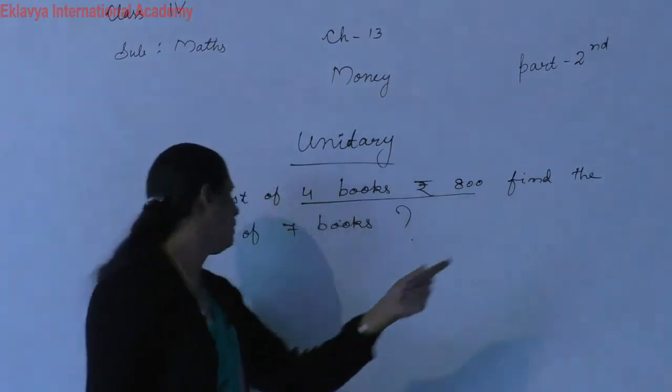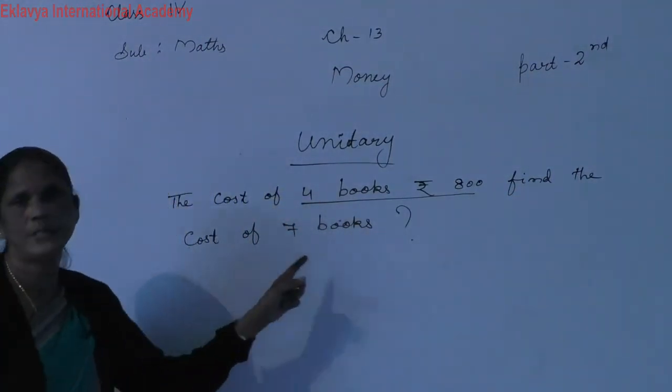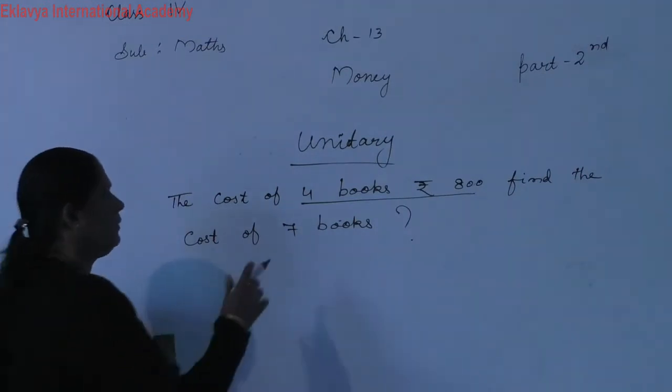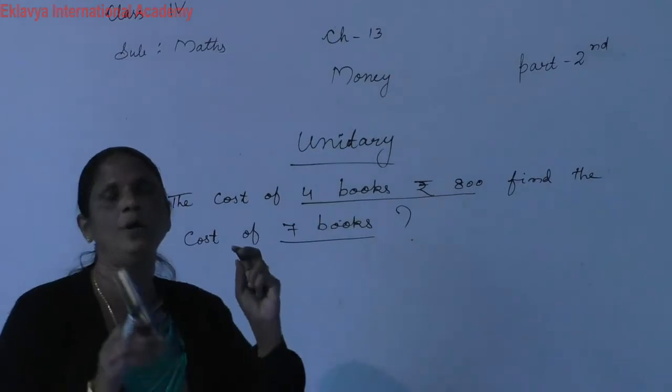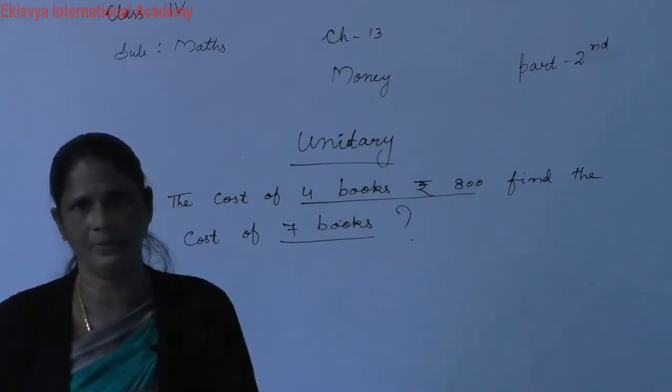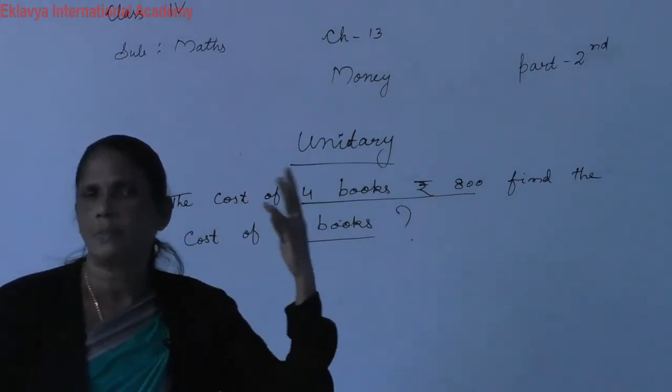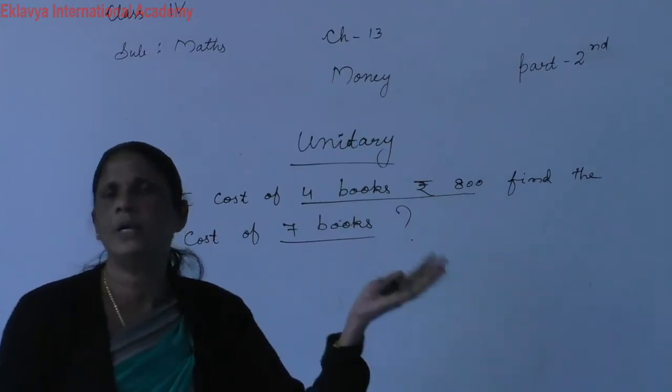Find the cost of 7 books. Here, look, the cost of 4 books is rupees 800, and we find the cost of 7 books. This is the unitary method.